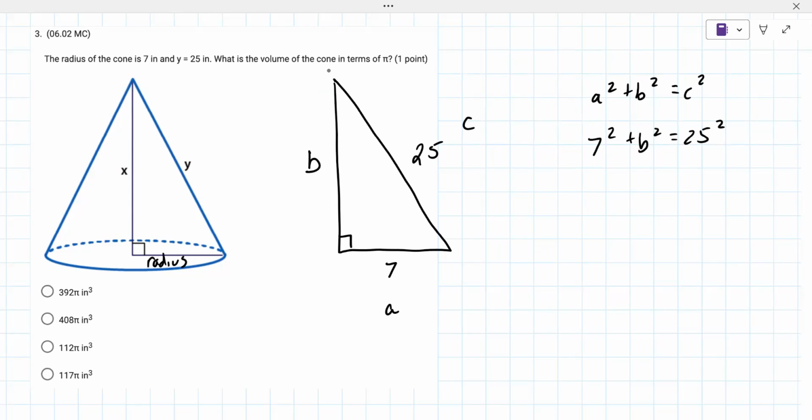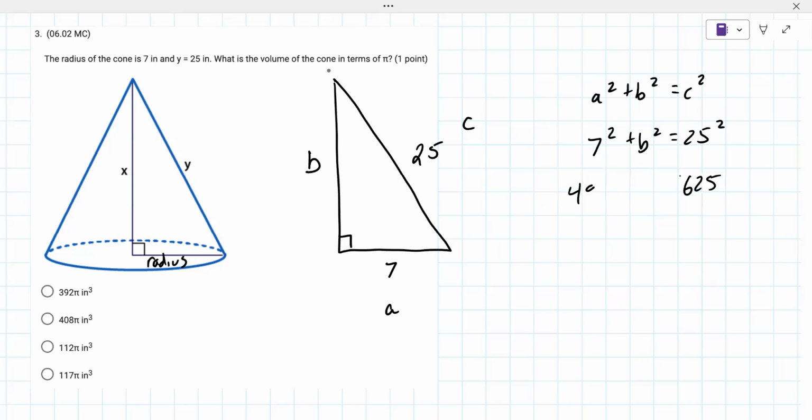Here, let me just redo it. You need to find the root of, no, you're subtracting.